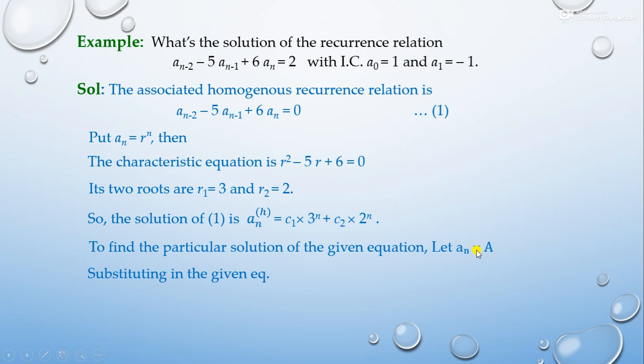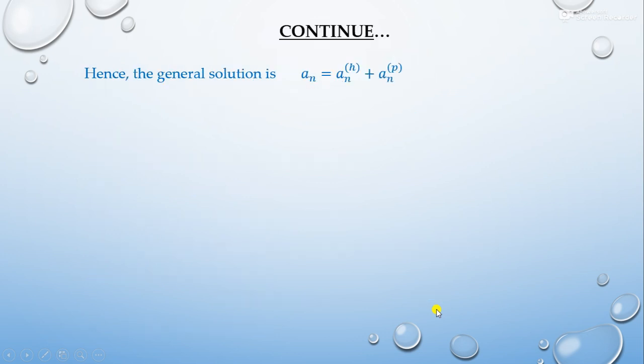So an, an minus 1, and an minus 2 are all constant. When we put these values in our recurrence relation, it becomes a minus 5a plus 6a is equal to 2. Now when we solve it, we get a is equal to 1. So now we have the particular solution an equal to 1. Now what is the complete solution of this recurrence relation?